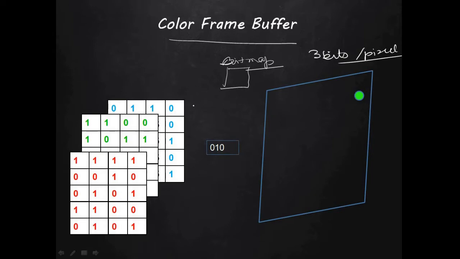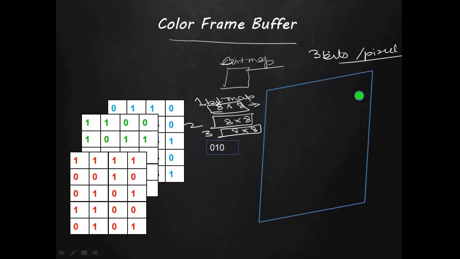Suppose the resolution of the screen is 8 cross 8, as we considered earlier. For 1 bit per pixel, we need 8 cross 8 memory, which will be called 1 bitmap. Again for the second bit we need a second bitmap, and in the same way we need a third bitmap.